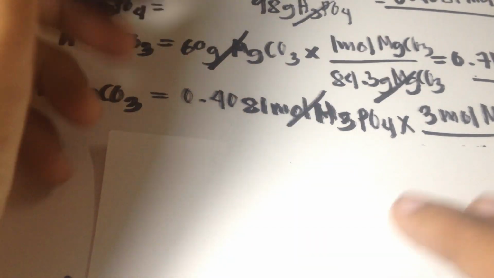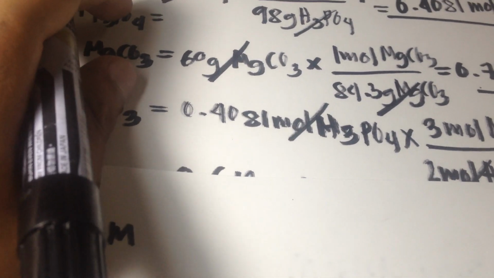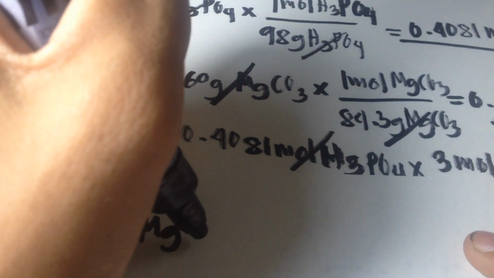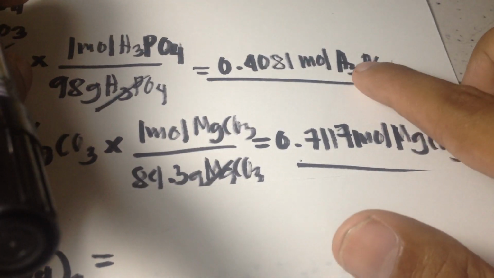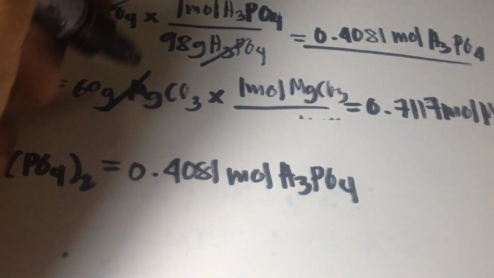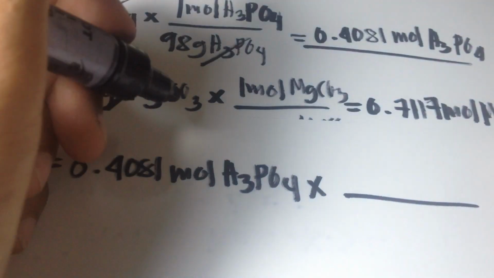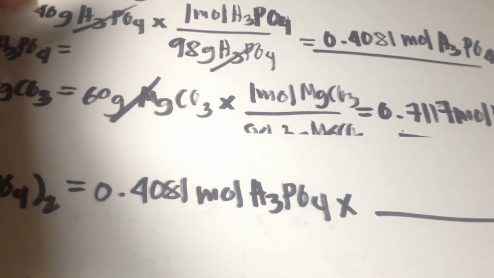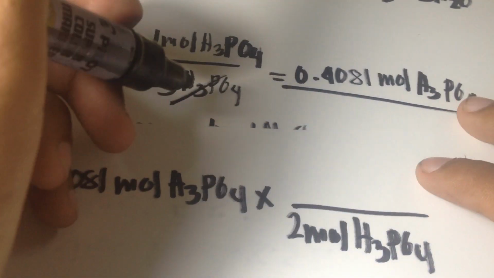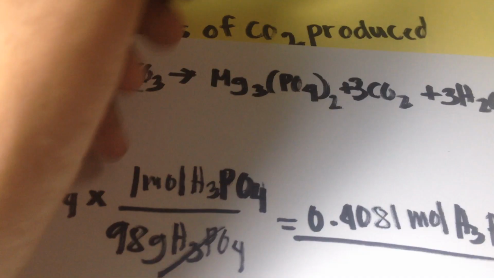The mass of magnesium phosphate equals 0.4081 moles of phosphoric acid times the ratio in the reaction, which is 2 moles of phosphoric acid to 1 mole of magnesium phosphate.